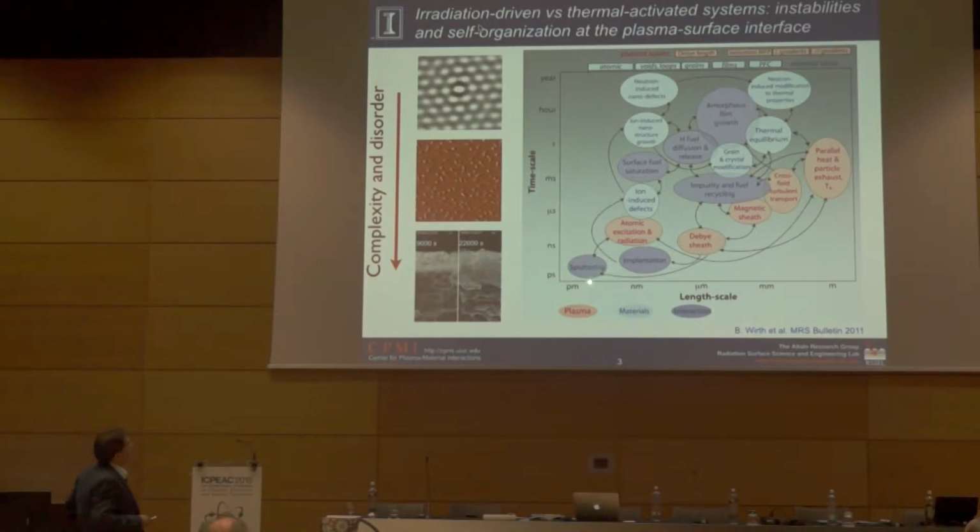So what this is saying basically is that not only are we dealing with physical sputtering here, but we are dealing with defect dynamics that evolve over time and space that can generate, what you see here on the left, a complexity of rich morphology on a surface.